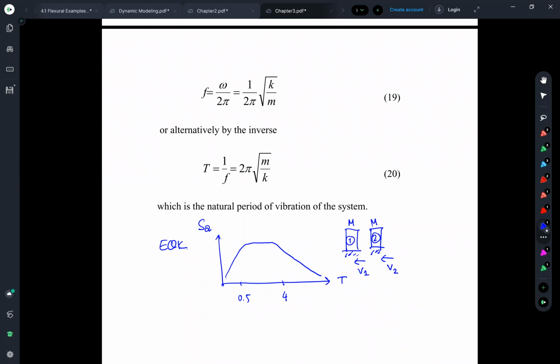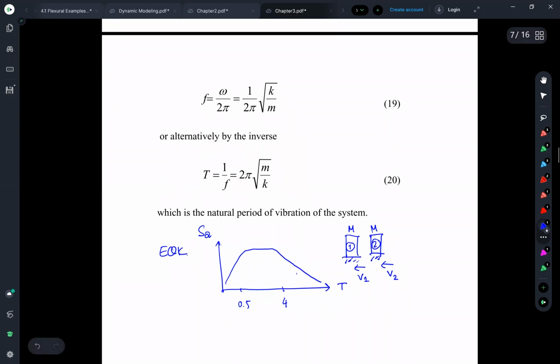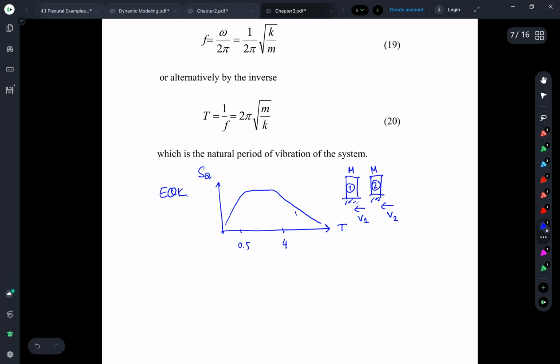If my building has the period like this, my building 1 is here, your building number 2 is there. Believe me, your building number 2 needs to be designed with stronger, larger earthquake force.